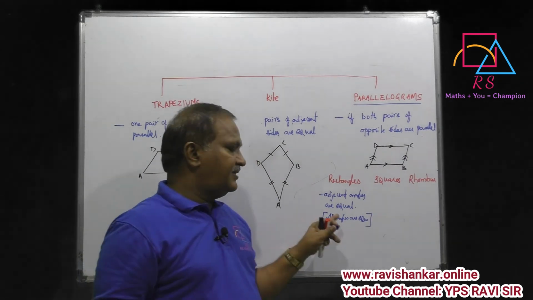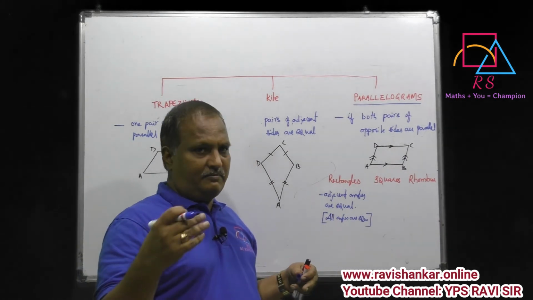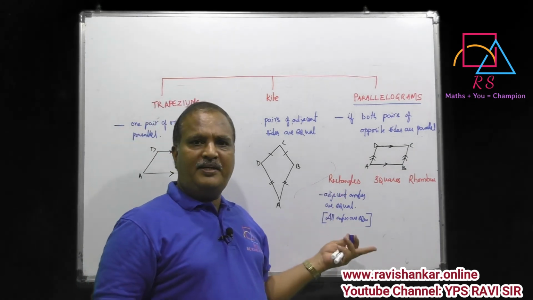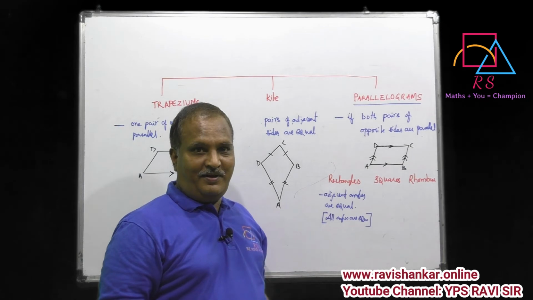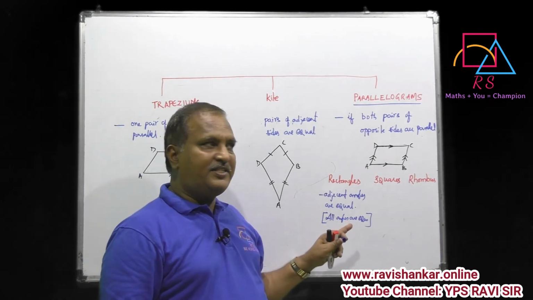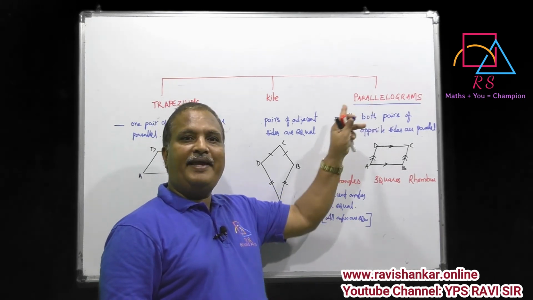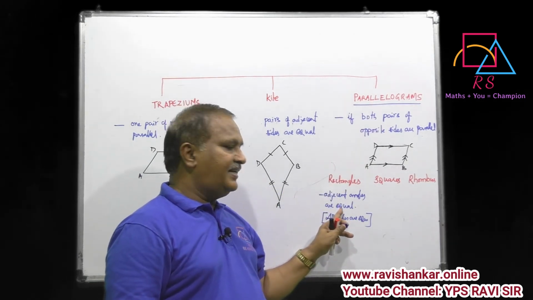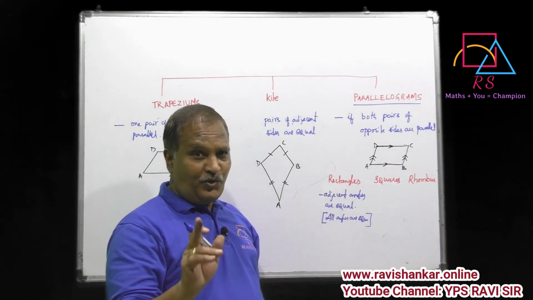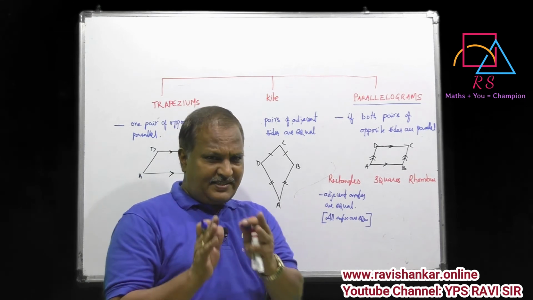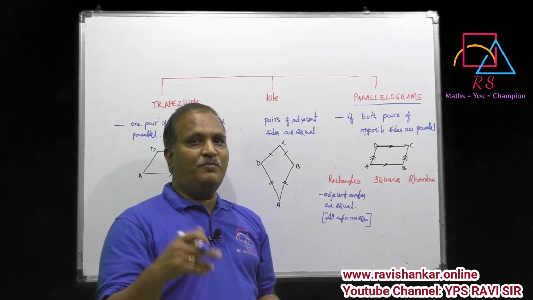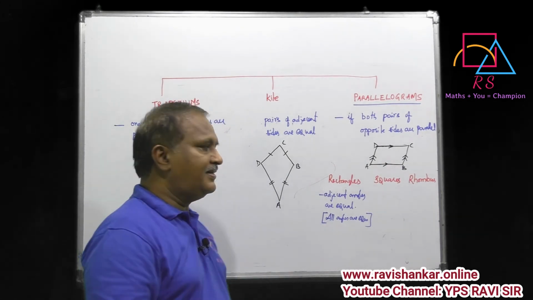You will know this more clearly in the theorems. Many people give many definitions. All angles 90 degrees, rectangle. But the actual definition is a parallelogram in which adjacent angles are equal. I told you what adjacent angles are. If adjacent angles are equal in a parallelogram, then they become 90 degrees. You will come to know in detail in the coming lessons.